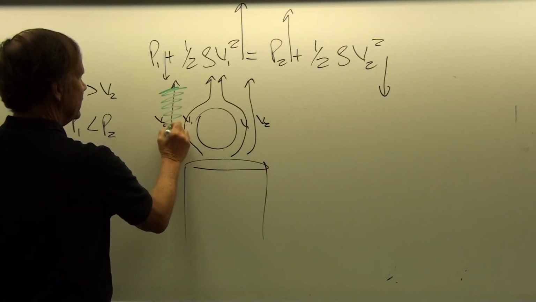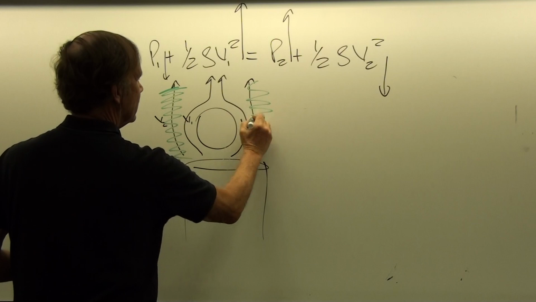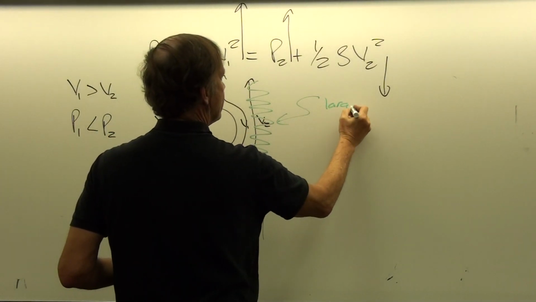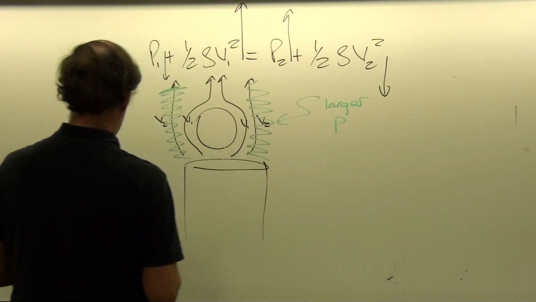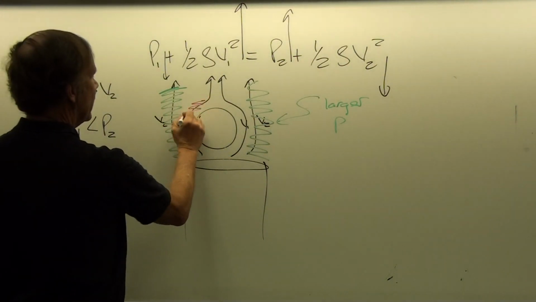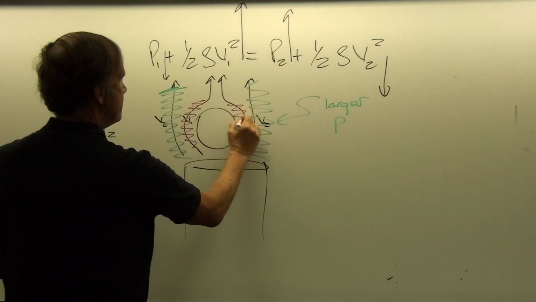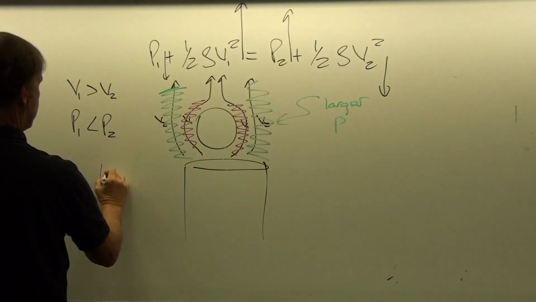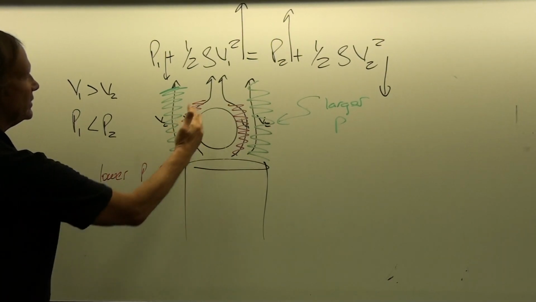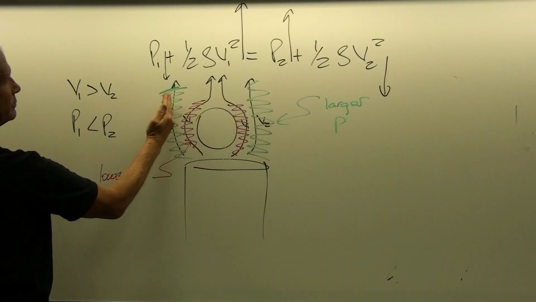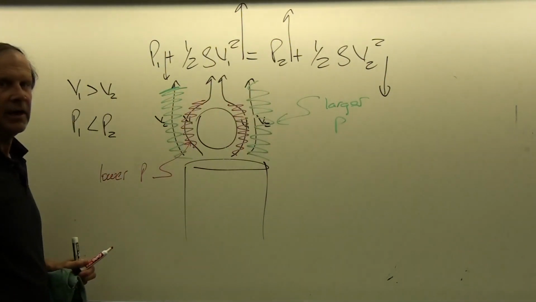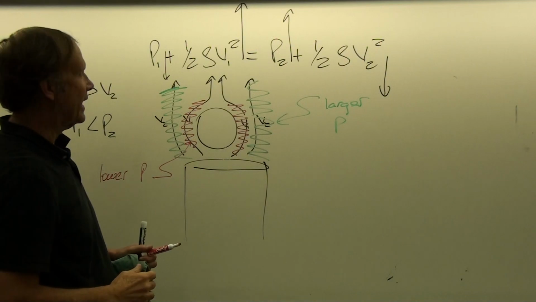So if we think of this as being larger pressure, and then in here we have this as being lower pressure, then we can see that as the ping pong ball starts to move in either direction, you've got a wall of higher pressure air that's tending to force it back in.